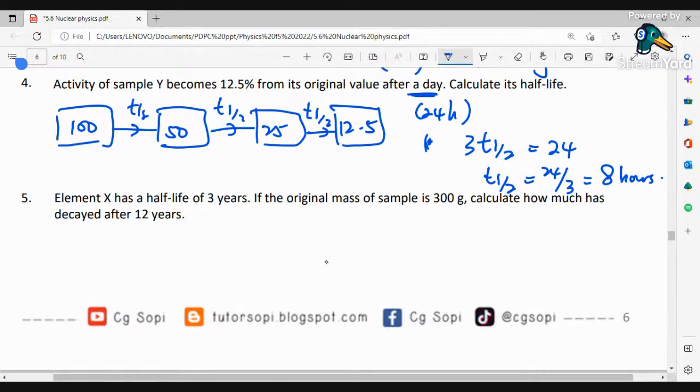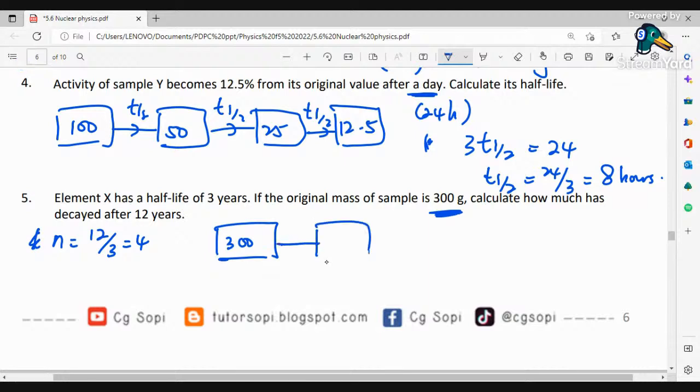Okay, element X half-life 3 years, original mass 300. Calculate how much has decayed after 12 years. Okay, awalnya ialah 300. Kalau 12 years, how many half-life? N equals to 12 divided by 3, maksudnya 4 half-life.